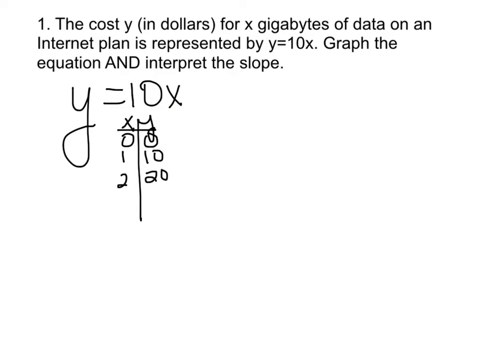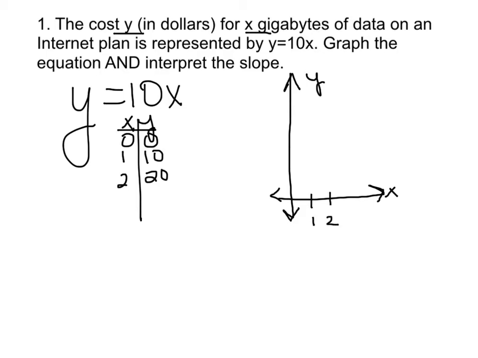So if we graph this, now we are talking about gigabytes, which is x, and the cost y, both of which have to be positive. So there's no reason that I need to actually graph anything in quadrant 2, 3, or 4. So I'm only graphing quadrant 1. My x-axis only has to go up to 2.